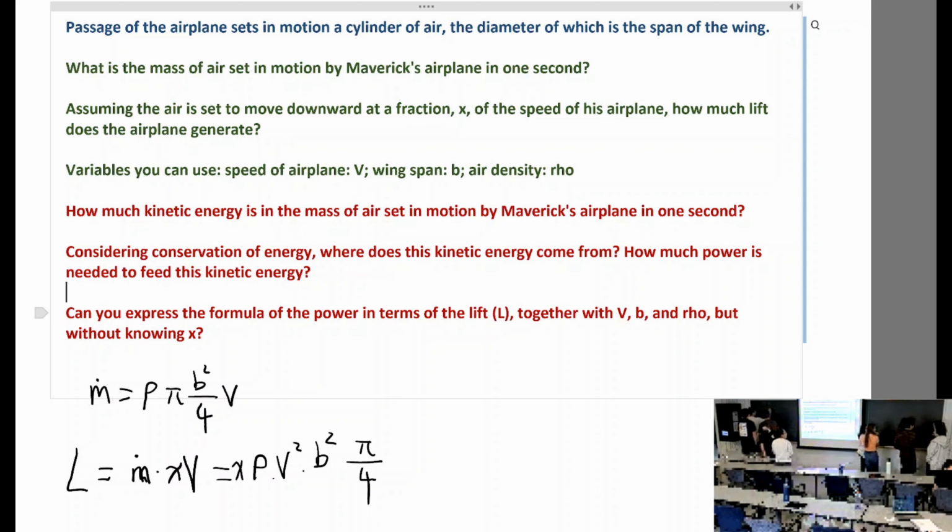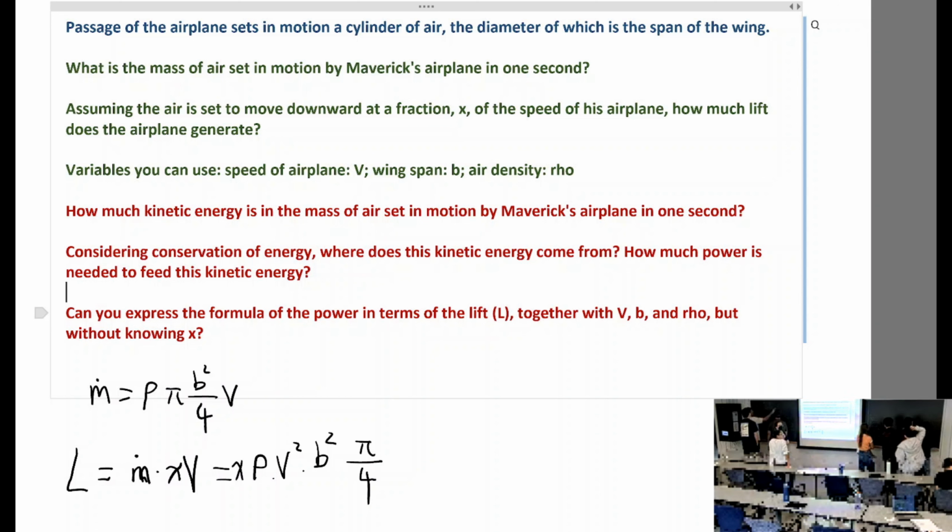Problems like this are simultaneously hard. Oh, and you have the same. Yes. Figure should be... Yes, this is correct. Kilograms per second squared.